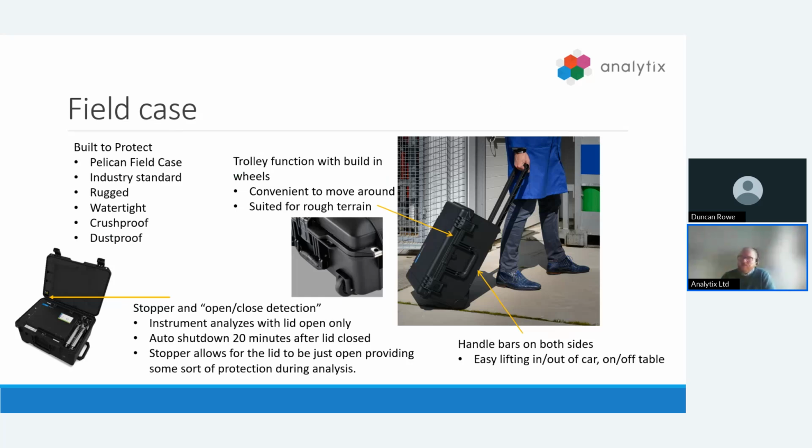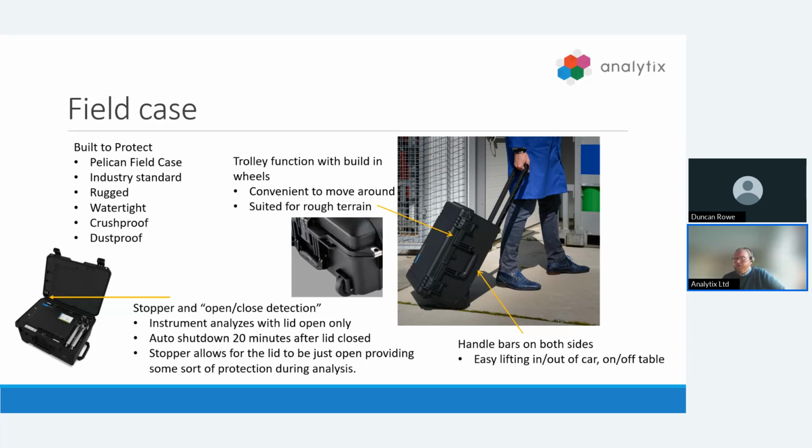Another nice accessory, focusing on the portability of the system, is the mobile Micro GC with carry case. This is a Pelican field case, and if any of you have worked with this type of field case before, you know that this is an industry standard case.